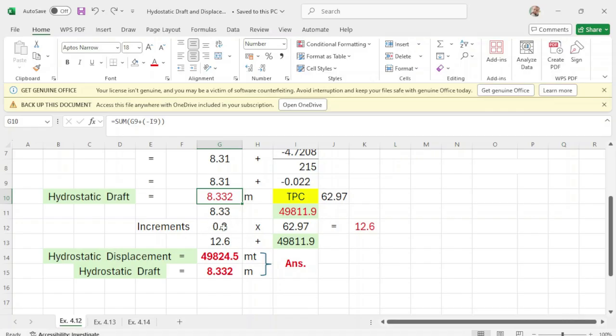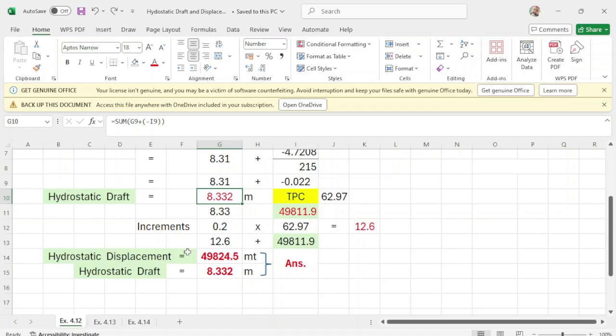Then carry down the 0.2. Multiply it with this TPC. Put it down. Multiply this one. Then your value will be 12.6. Okay. So with this 12.6, which is this one, you add this to your displacement from 8.33.